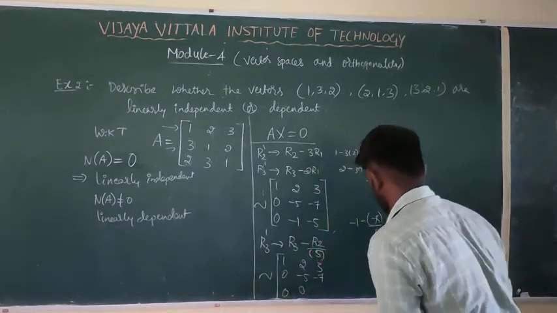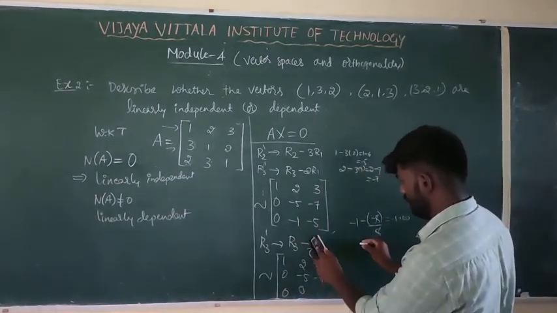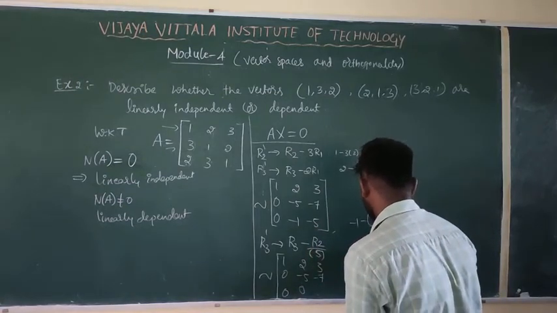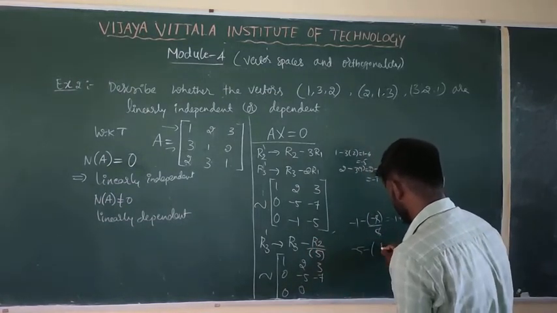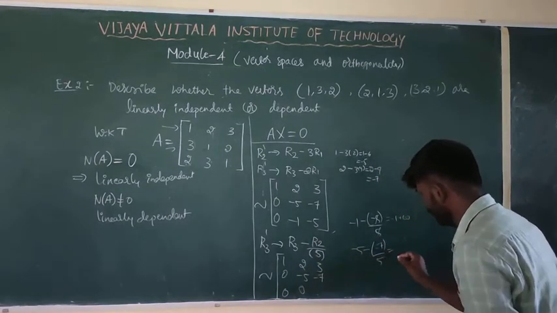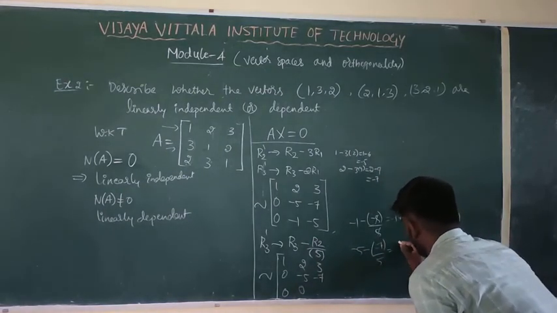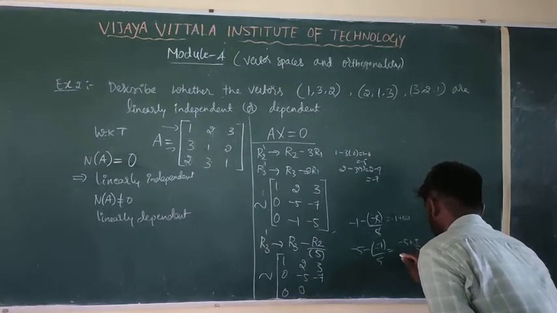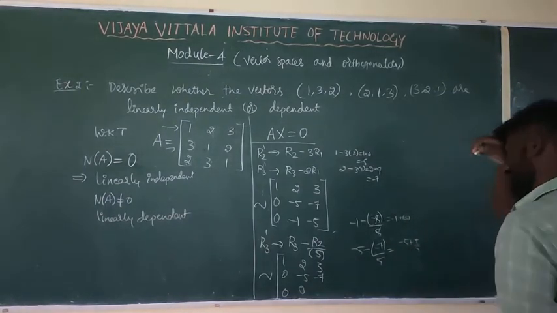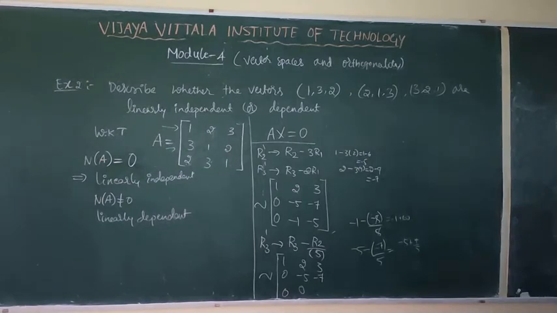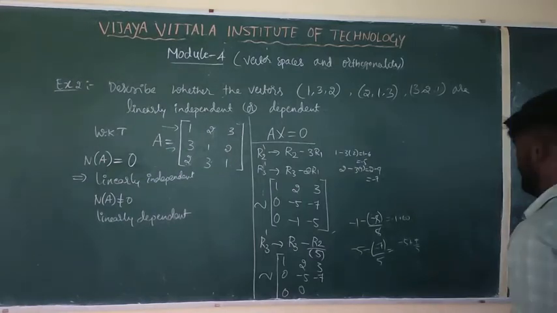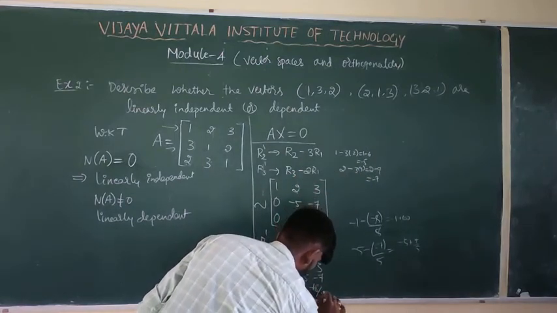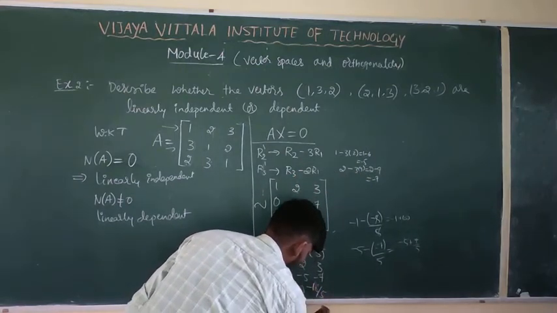Then R3 minus R2 by 5: R3 is minus 5 minus R2, which is minus 7, by 5 gives minus 5 plus 7 by 5, which is minus 25 plus 7 by 5, minus 18 by 5.